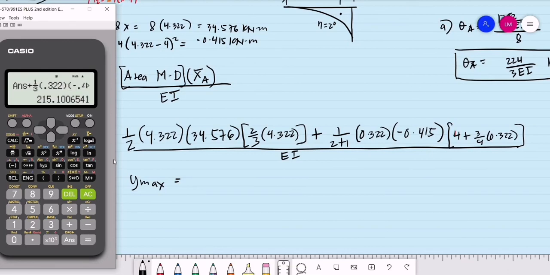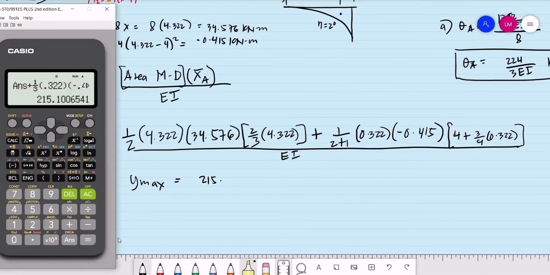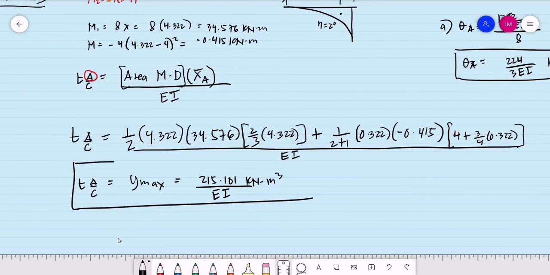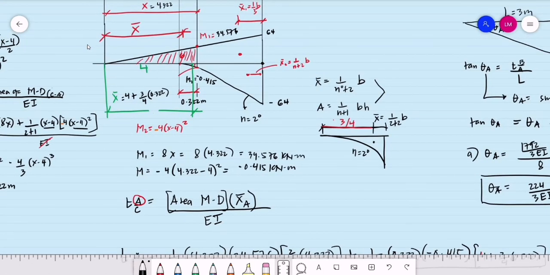And we have this value, the Y max, 215.101, in terms of kilonewton meter cube, divided by EI. So this will be our answer for the maximum deflection. That is the deviation from point C to point A, based on this figure.